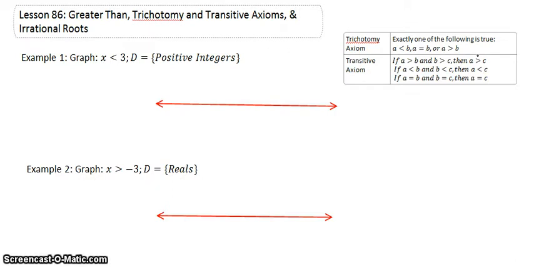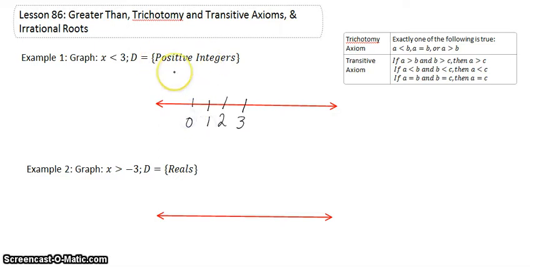So on the first example, we're going to graph x is less than 3, and our domain is positive integers. So I'm going to put 3 on my number line. These are not going to be exact. And if x is less than 3, we have 2, 1, 0.